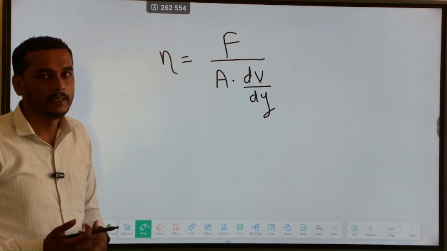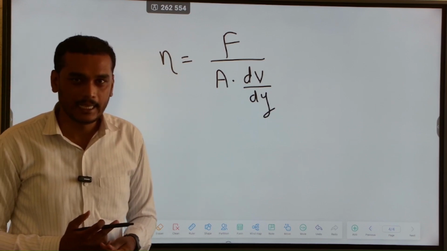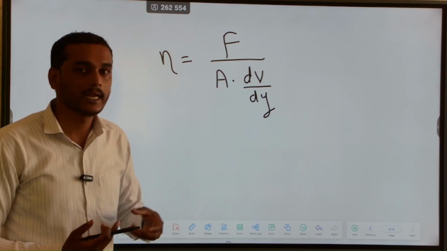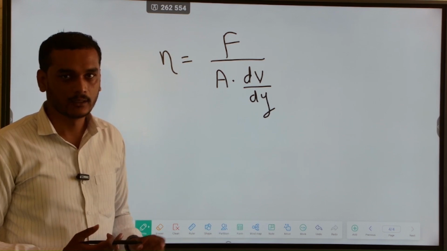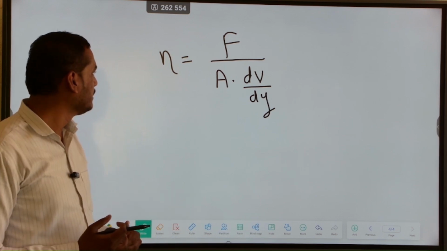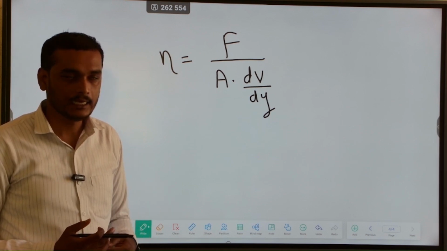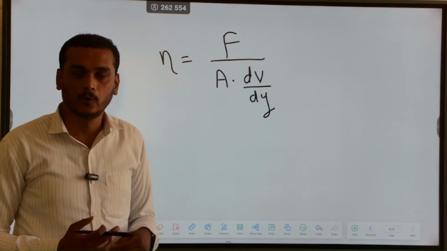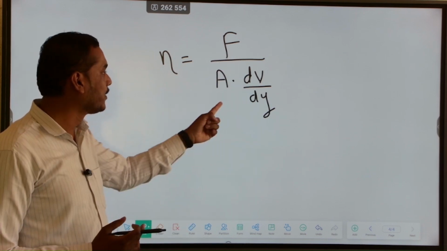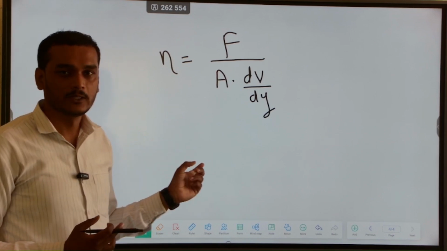Hence, we can define eta or coefficient of viscosity as the viscous force F acting on a fluid per unit area per unit velocity gradient.